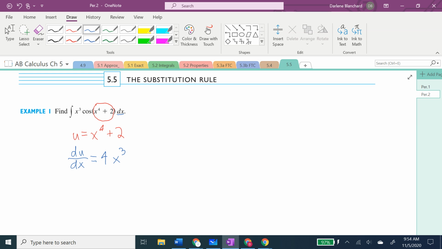Yeah, this is u-sub. It's a lot of fun. So you end up separating those differentials so that you can get a relationship between them.